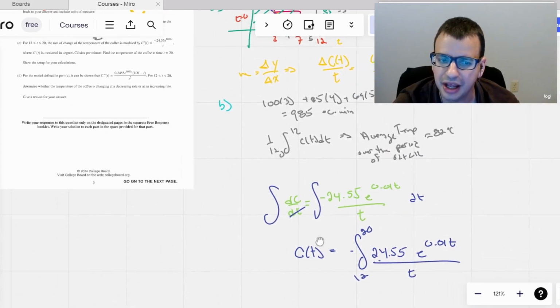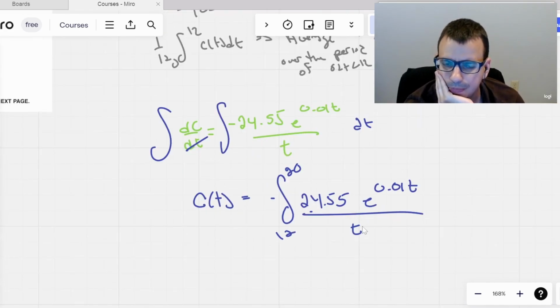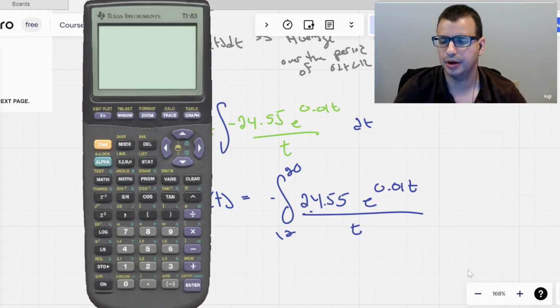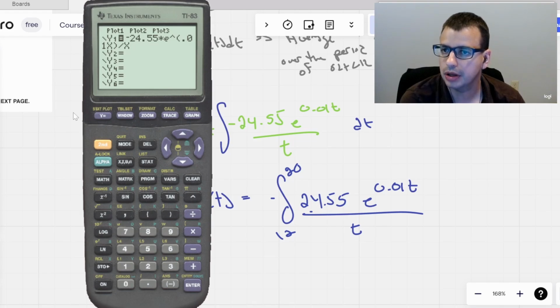Yes, and I don't know how to do this. It's going to be a huge pain. If that t was on top, I would say, oh, integration by parts. But it's not, so I'm just going to put this in my calculator. There we go.